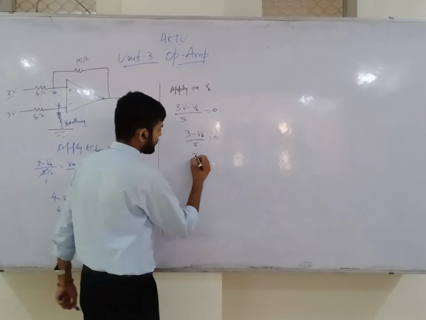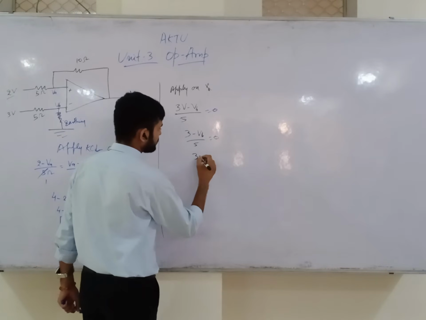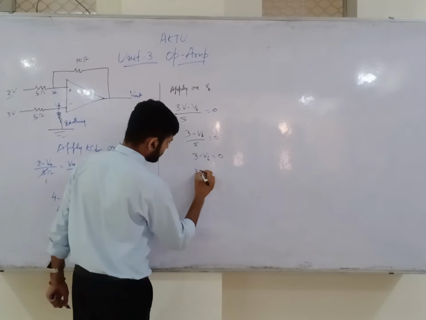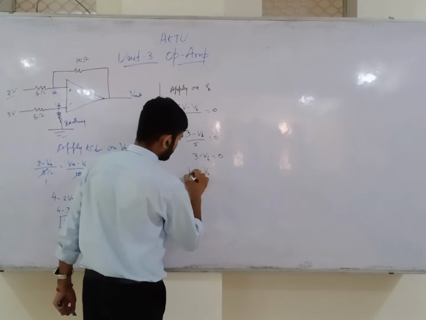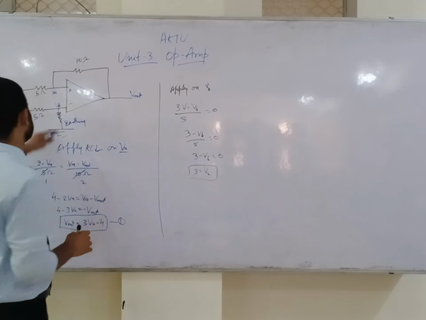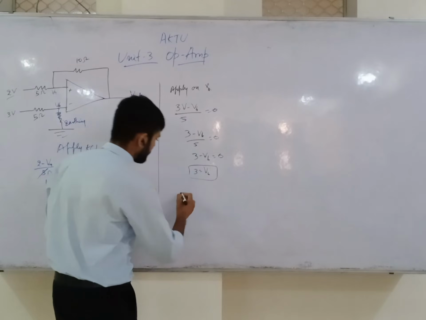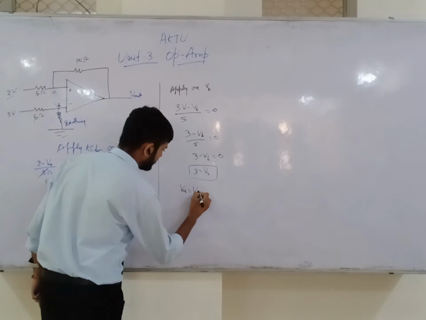So 3 minus VB is equal to 0, so VB is equal to 3. So we can say that VA and VB are short circuited in that condition. VA is equal to VB.